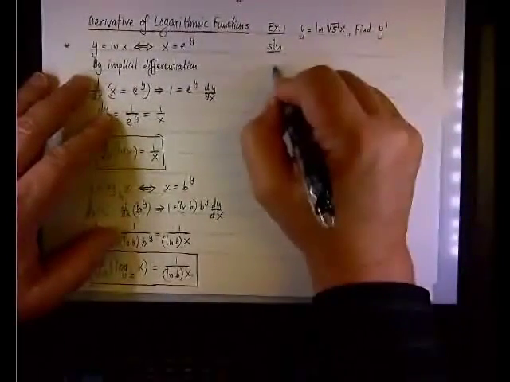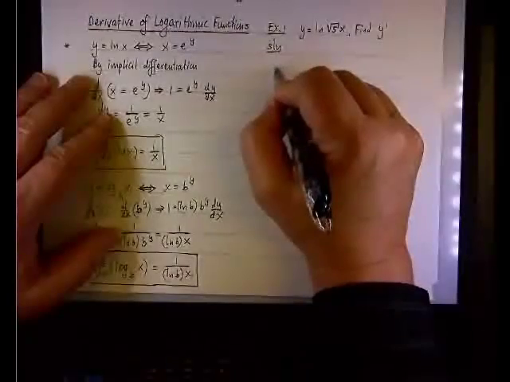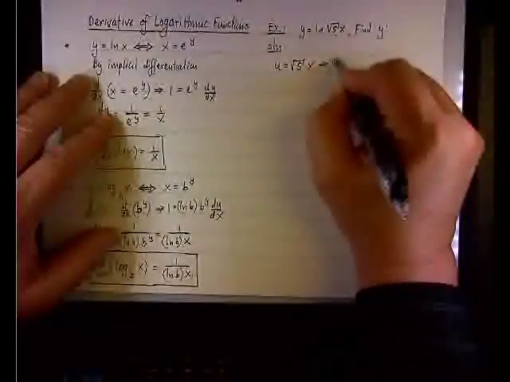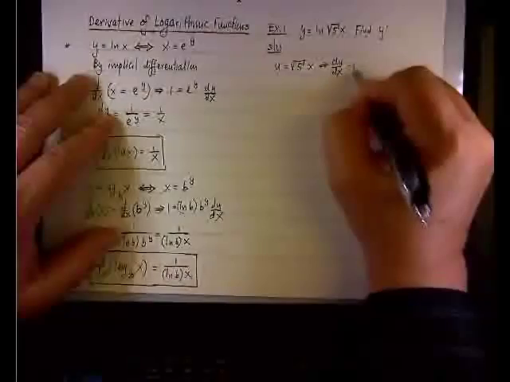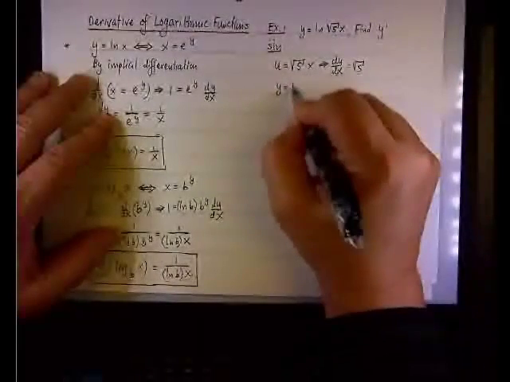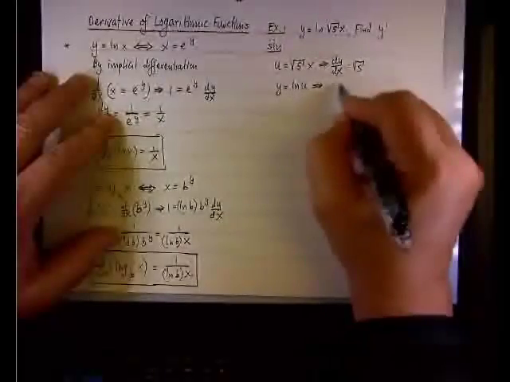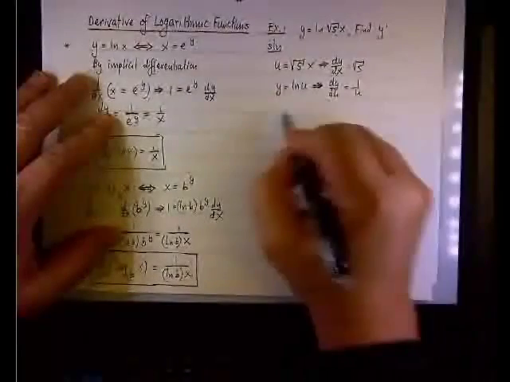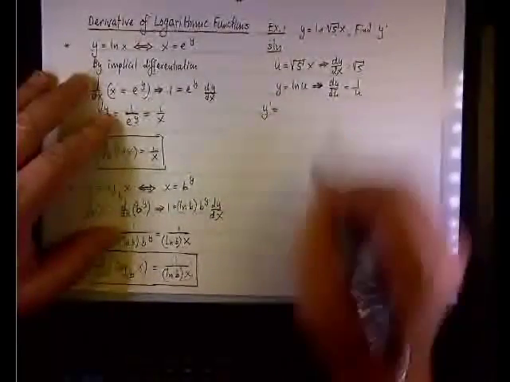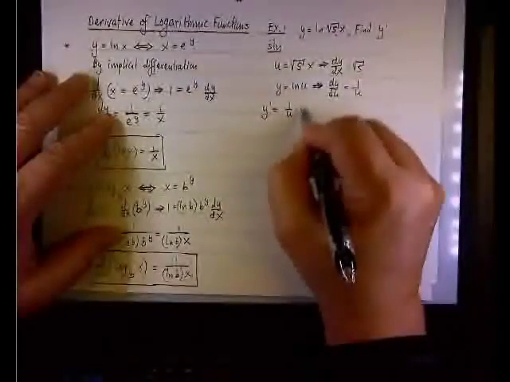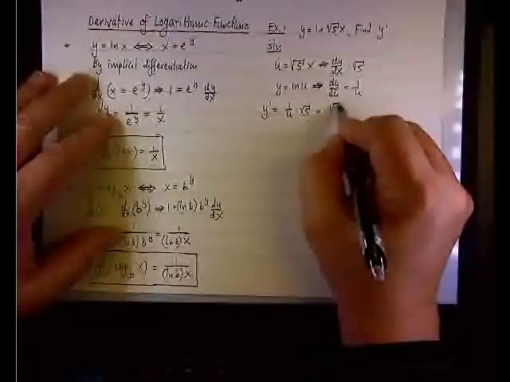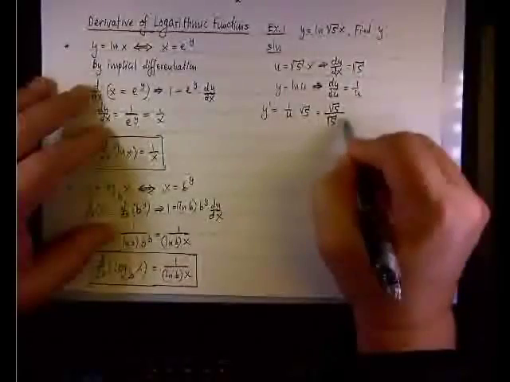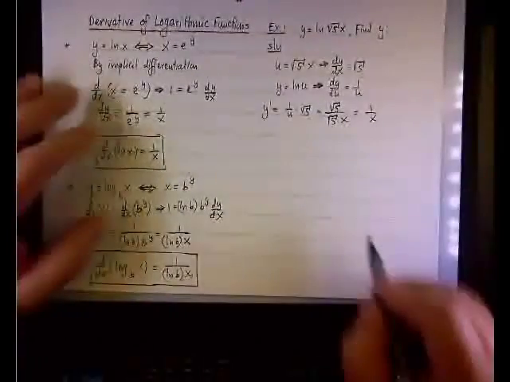We're going to say that u equals square root of 5x, and therefore du dx equals square root of 5, and y equals the natural log of u, therefore dy du will be simply 1 over u, and then y prime would be the product of these two, so it would be 1 over u times square root of 5, so it will be square root of 5 over u, but what is u? Square root of 5x. So it's 1 over x, the solution.